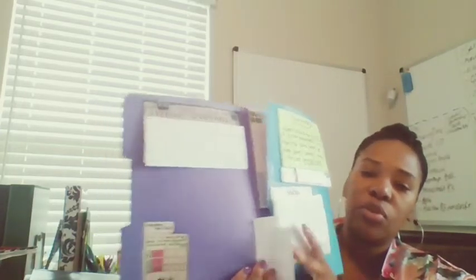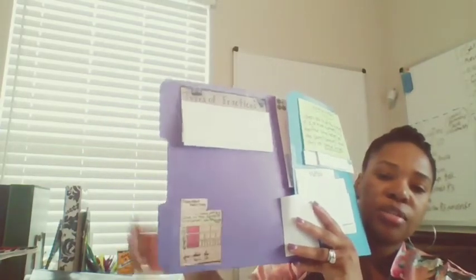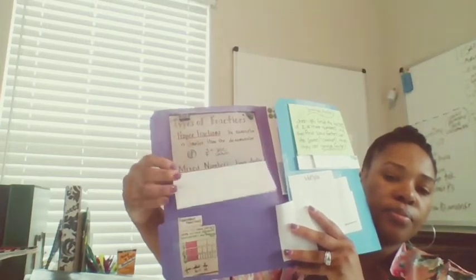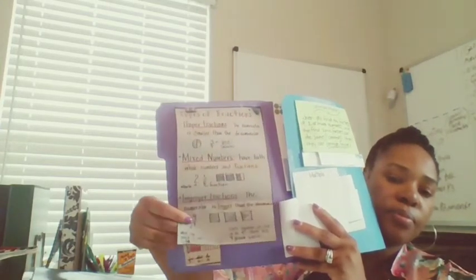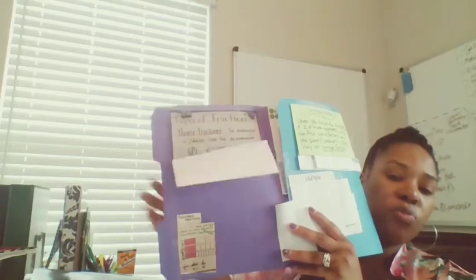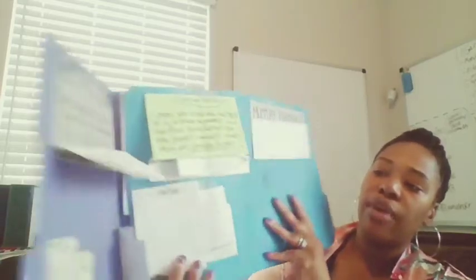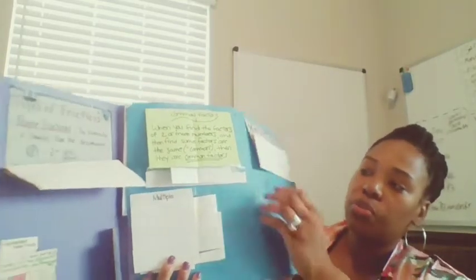This goes into the basics of fractions. Again, all these printouts I just got online. And then we'll go into adding and subtracting fractions with different denominators. How you find common factors and multiples.